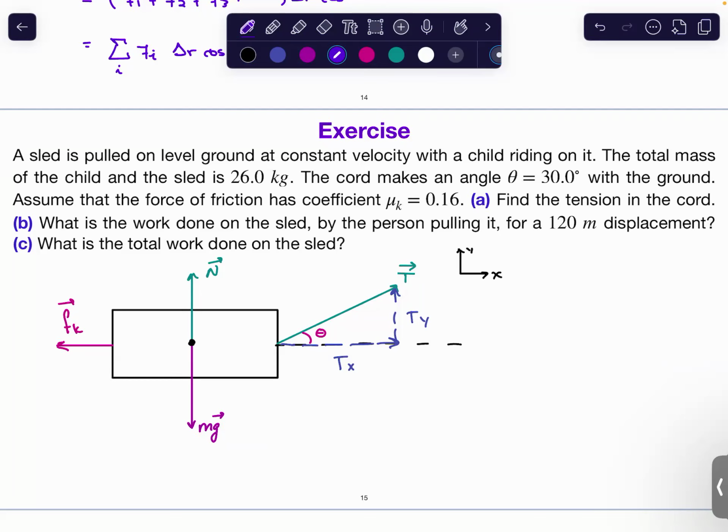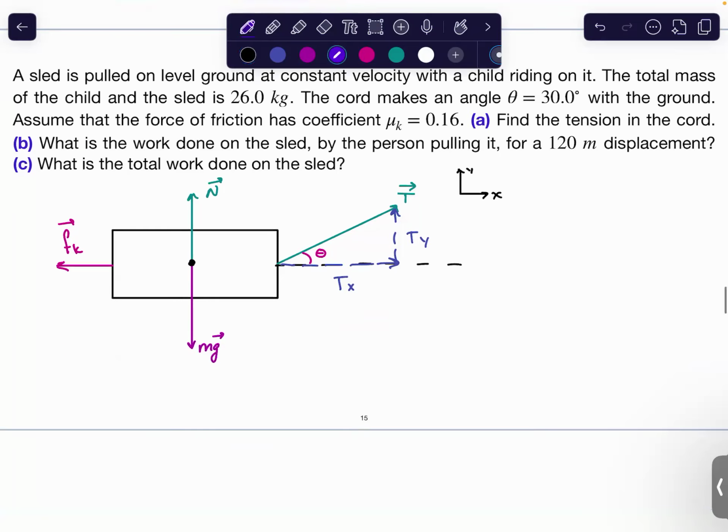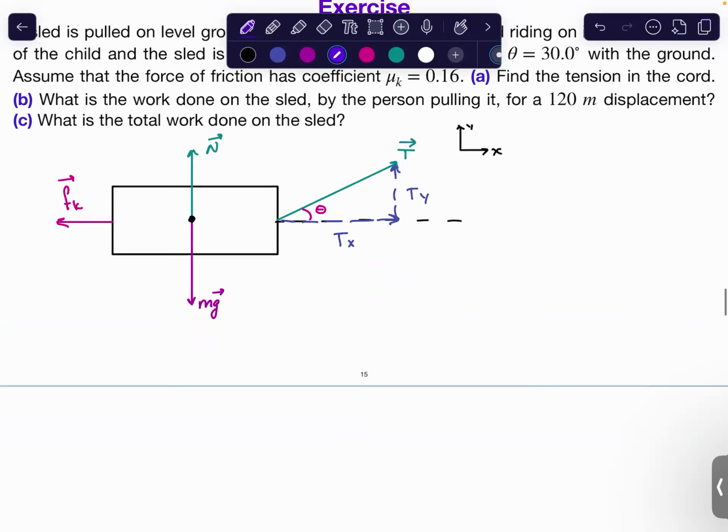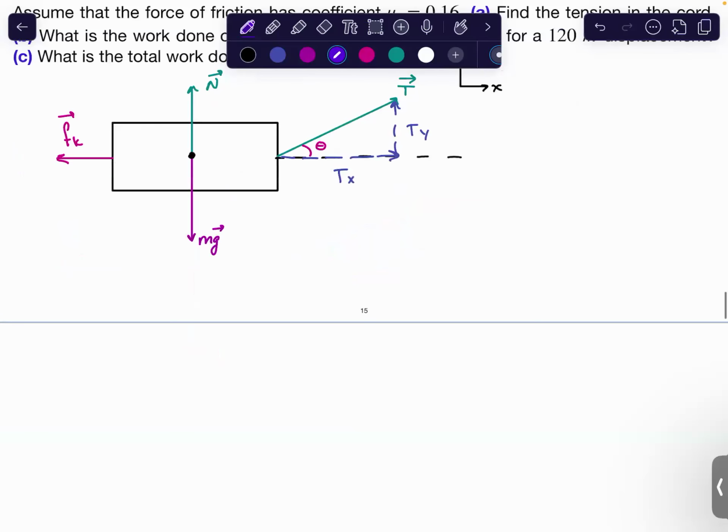And one thing that's important from this, well, we'll start with this. Now we're running out of time. I'm gonna start part A, and I want you to tell me why this is the case. Okay. Part A, find the tension in the cord.